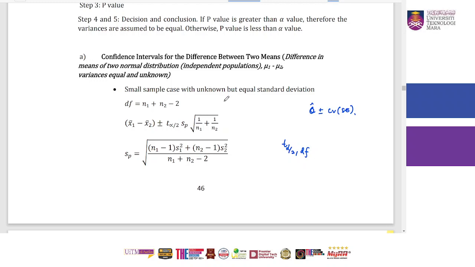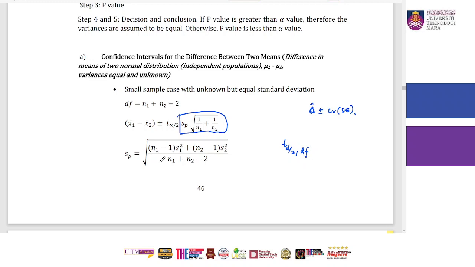Okay. And then the difference between the equal variance assumed and unequal variance assumed will be this part, yang belakang ni, the standard error. Okay, the standard error and also the degrees of freedom. Okay, for the case of equal variances, the standard error is given by the Sp times square root of 1 over n1 plus 1 over n2.